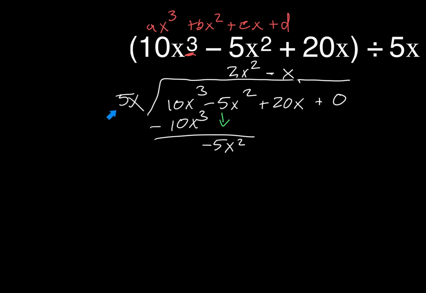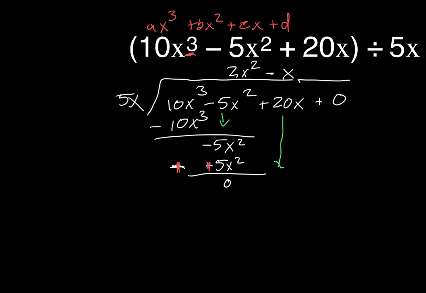Negative x times 5x is negative 5x squared. Again, when we're dividing, we subtract. So negative 5 minus a negative. When it's minus a negative, what I'm thinking is, oh, that's plus a positive. So that adds up to 0.